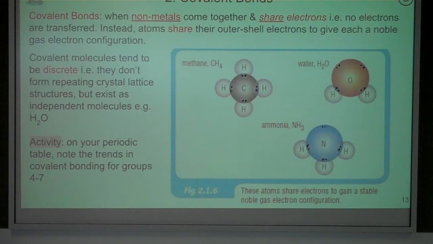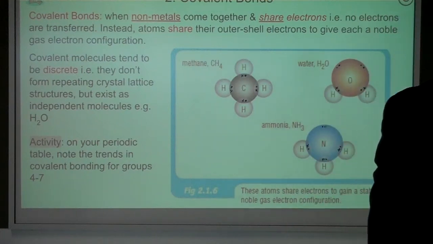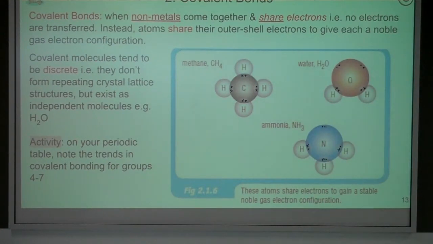Okay? So, now on your periodic table, note the trends in covalent bonding for groups. Have a look at your periodic table. If you're in group 5, we've got nitrogen. Nitrogen has 5 valence electrons. How many does it want to gain? 3. It wants to gain 3, so it shares 3.